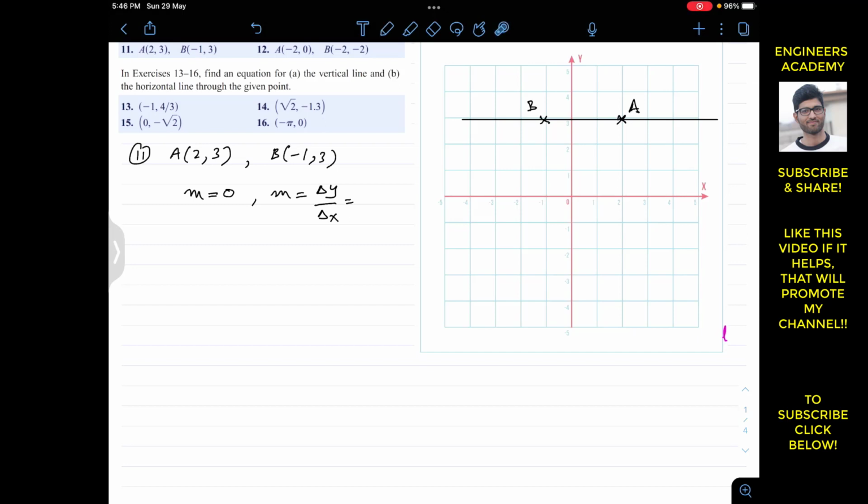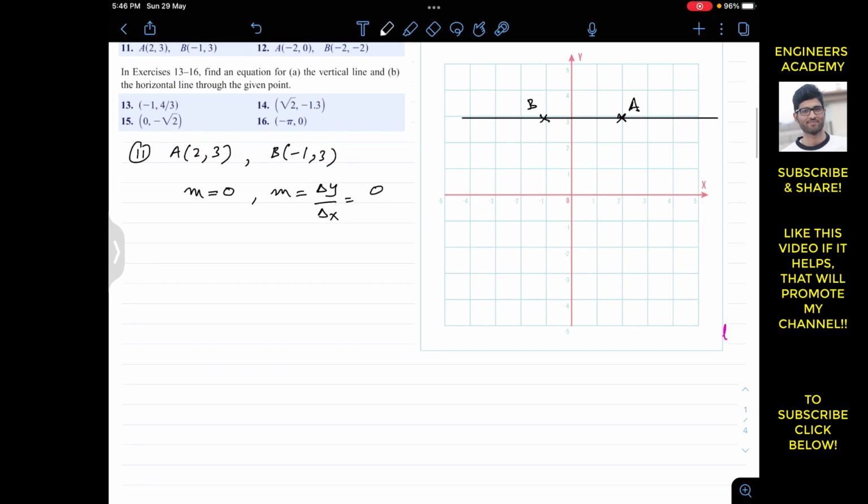So change in y will be 3 minus 3, so this is 0. And minus 1 minus 2 is minus 3, but 0 divided by anything will give us 0. So the slope is 0.